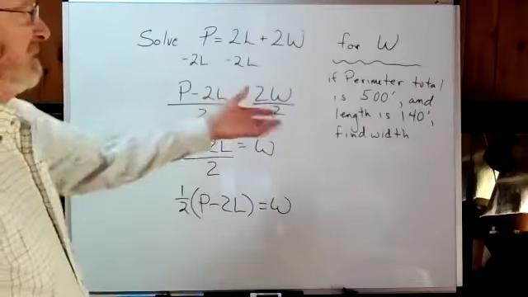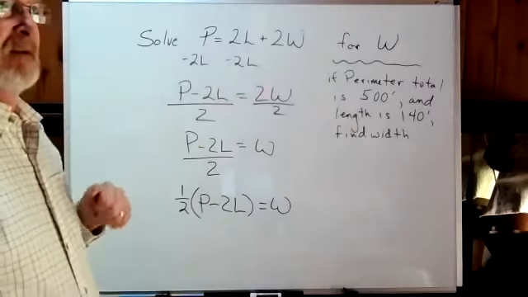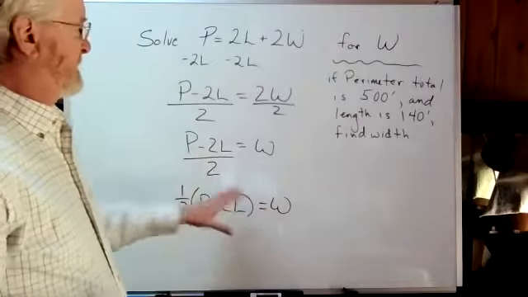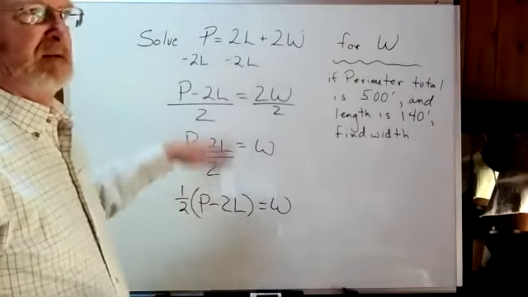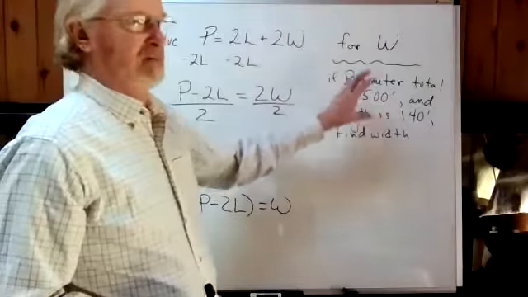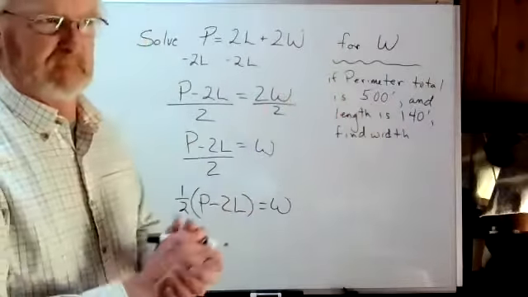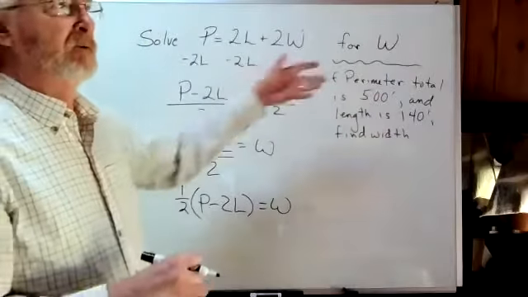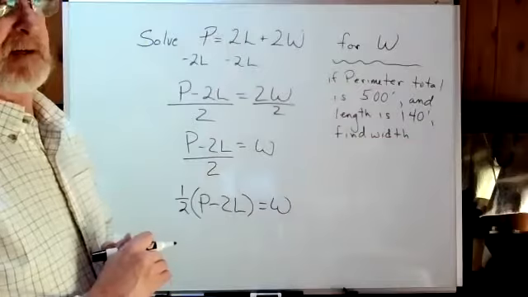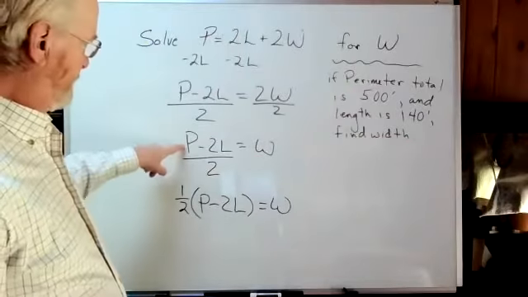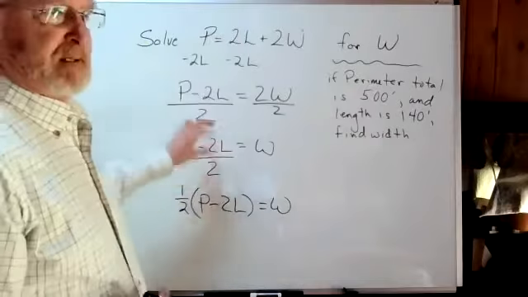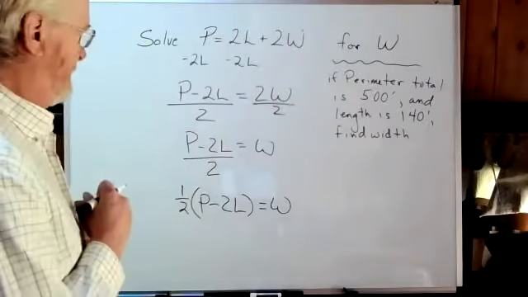Now, my follow-up question here, this is a made up example by me, of why this sort of technique might be worthwhile. If you wanted to figure out the width of a rectangular area, and you knew the perimeter and you knew the length, well, if you had your formula solved like this already, I can plug in the perimeter total and the length, and all the work is set up for me there on the left side, right?